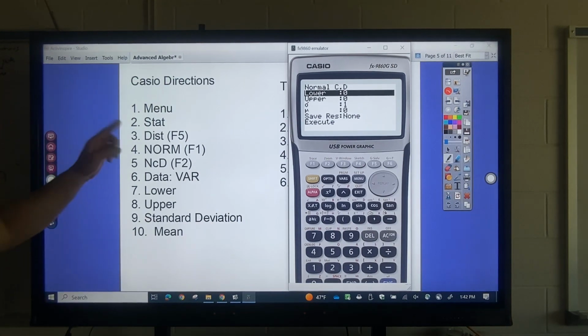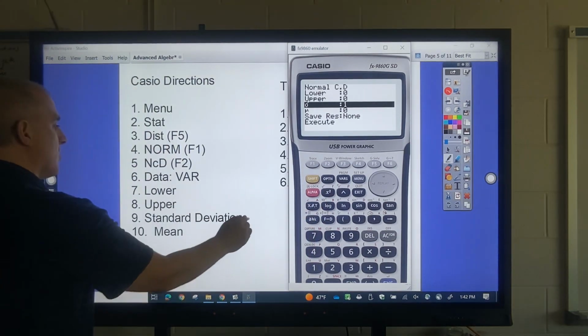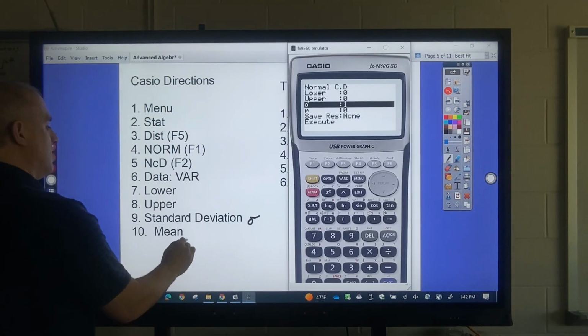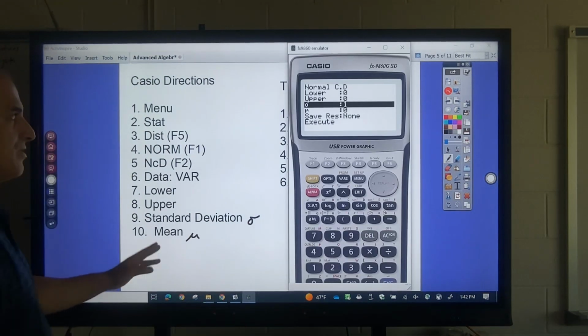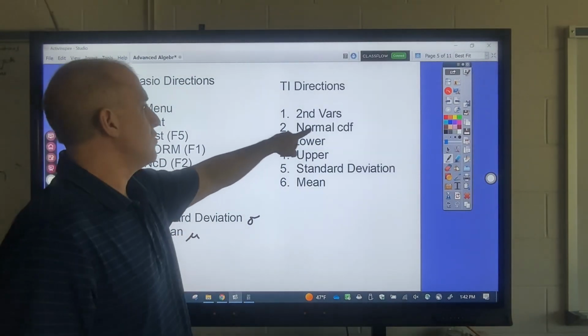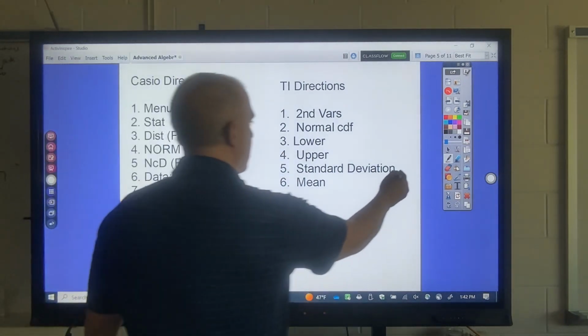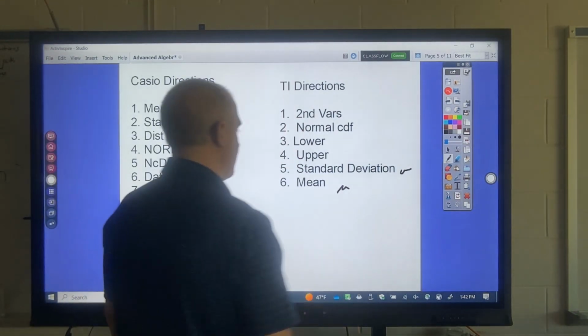Then you put in your upper, which we'll talk about in a second, and your lower. The little curve thing is your standard deviation, and that other thing is your mean. If you're using a TI, you hit second, vars, normal CDF, lower, upper, then your standard deviation and your mean.